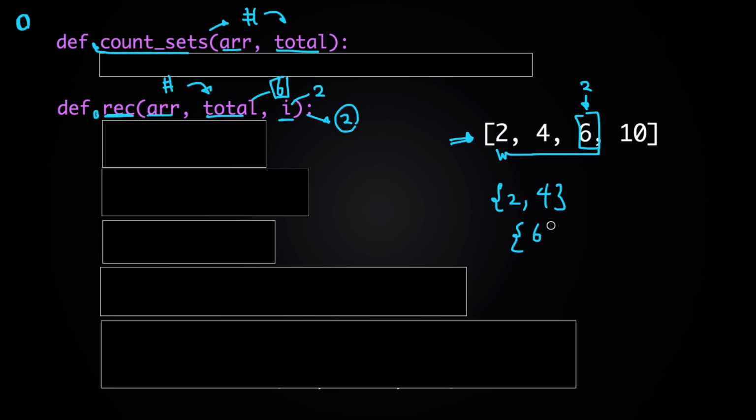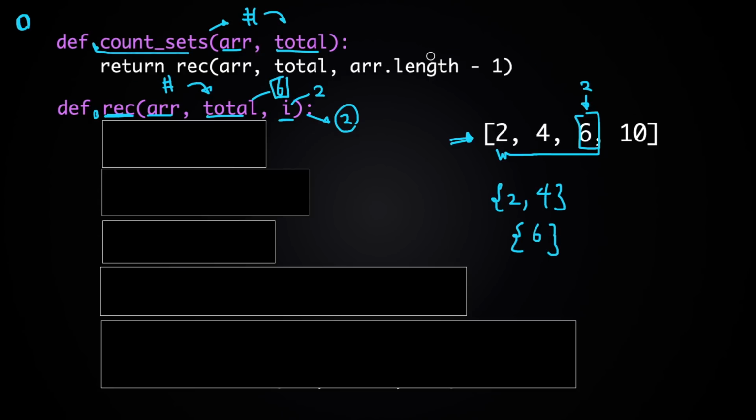Both of them add up to 6. And the only thing we need to do in countsets is to return rec with the arguments r, total, and r.length minus 1, because r.length minus 1 would be the last index of this array. In this particular example, that would be 3.